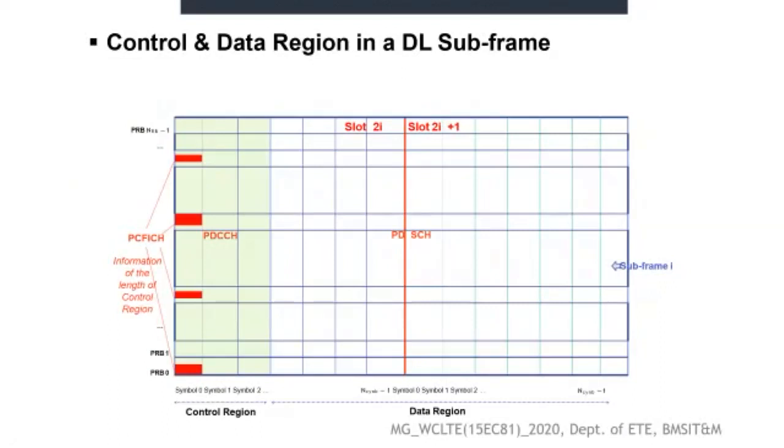That is also shown here. So in one physical resource block, in the first subframe, first slot, the first symbol will be used for PCFICH, and the rest of the symbols are used for the physical downlink shared channel. That is what is written here. I think I already shared this in the previous resource allocation topic.